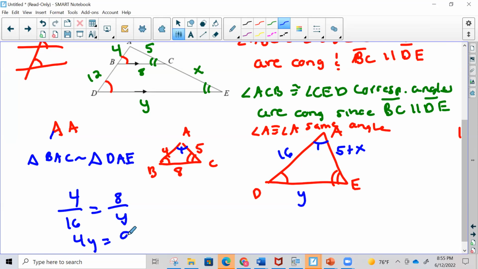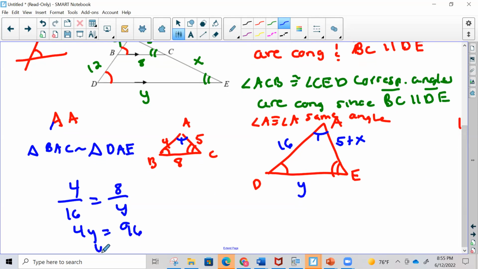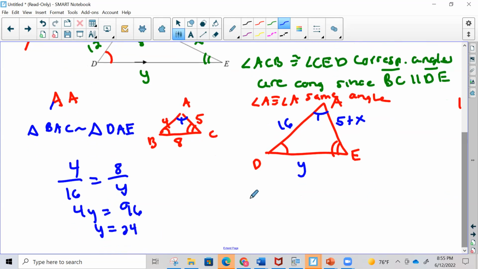Okay, so that's 96. Sorry, my computer was freezing a little bit. Then Y is equal to 24 because I divide by 4.